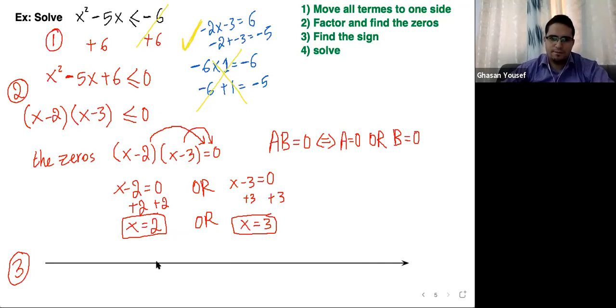The numbers are 2 and 3. The first zero is 2, and the second zero is 3.